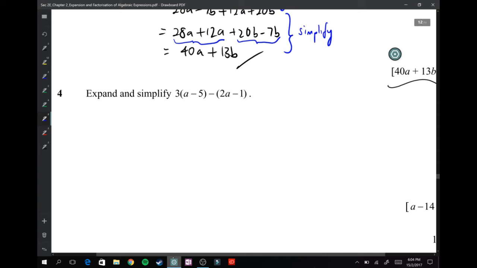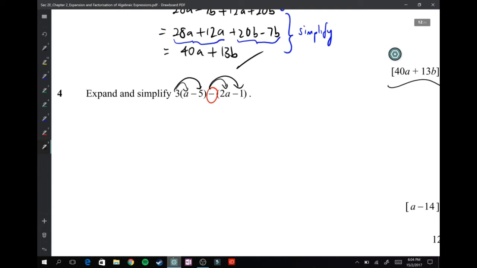Question 4. Same thing, expand, but please note of this. Maybe it's good practice to put an asterisk or something whenever you see a negative sign, to remind you that this can be a question that is prone to careless mistakes, so you double check your work after you finish.